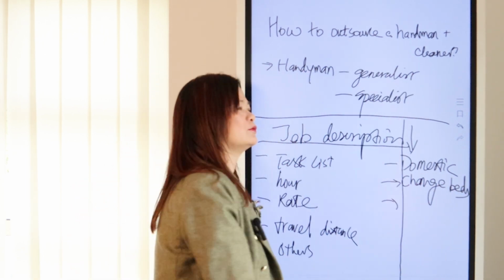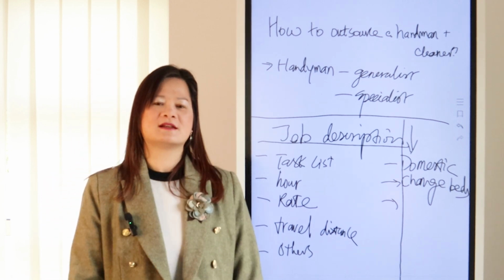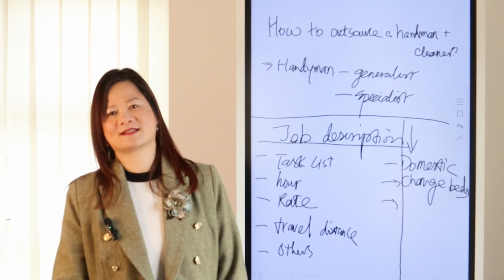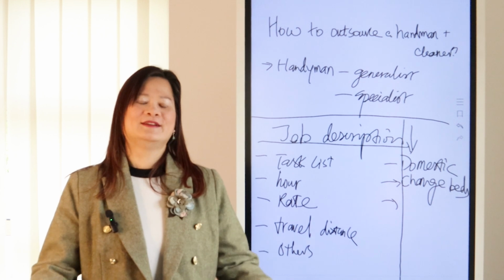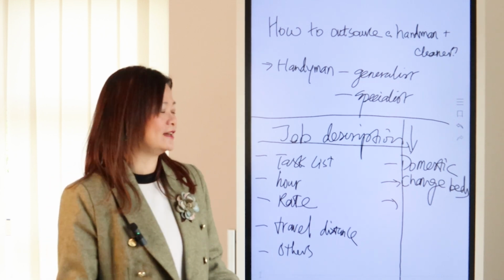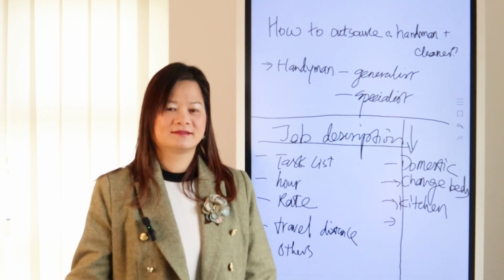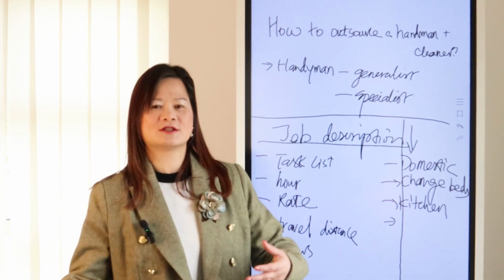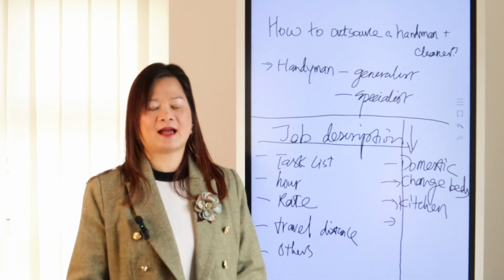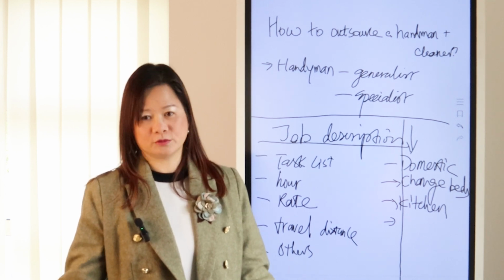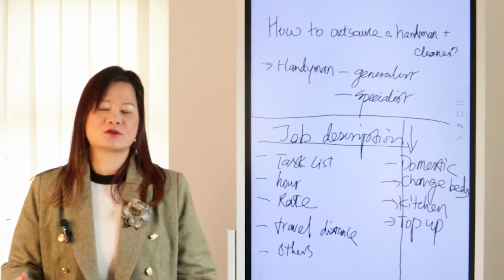Until you start recruiting cleaners, you probably find it surprising how many cleaners don't know how to change the beds. And then they need to change the bed, they need to clean the kitchen. You would expect your cleaner to top up toiletries, like shampoo, conditioner, and supply cleaning products, whatever. A lot of them don't even have a clue. Tea, coffee, for example, toilet roll.